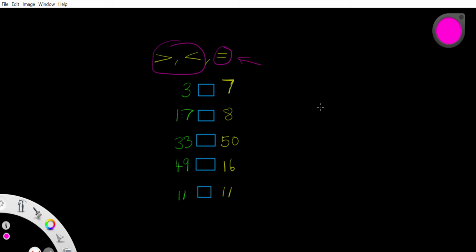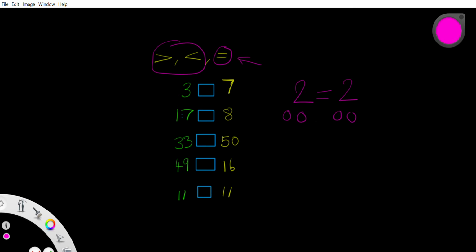So let me put this as an example. We have two circles, and let me take off that equal to sign. We also have two circles here. We would put the equal sign because these two circles and these two circles are literally the same thing.